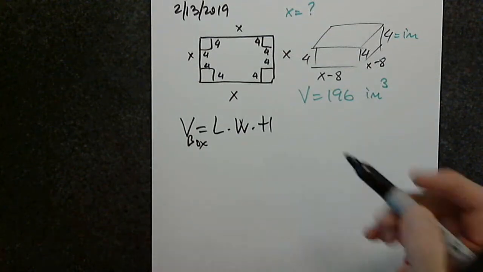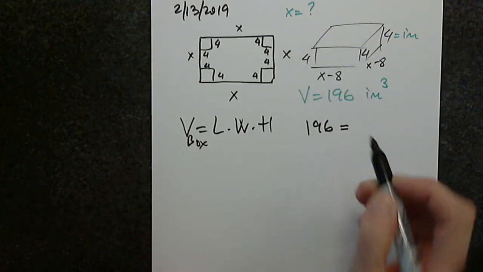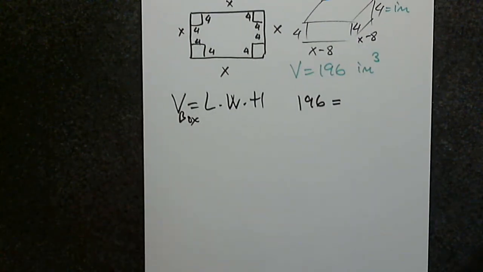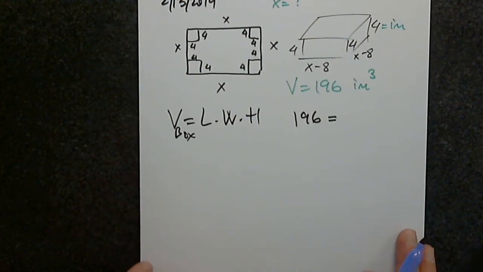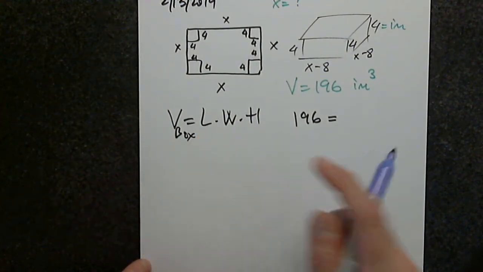So the volume is 196. What do you think I would write? Set it equal to. What do I get on the other side? What is the length?